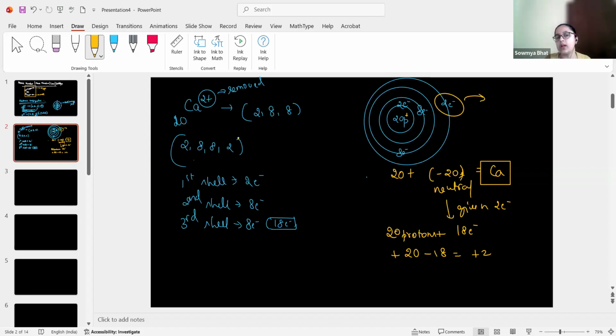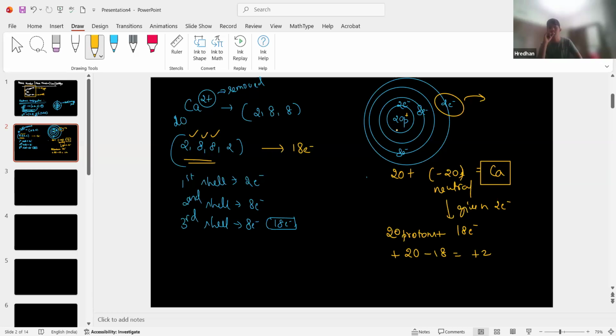Now you count. There are 2, 8, 8. There are totally 18 electrons. The protons are there inside. So if you have plus 20 and minus 18, that gives you plus 2. So you just calculate the difference. Okay. Yeah, you can move on.